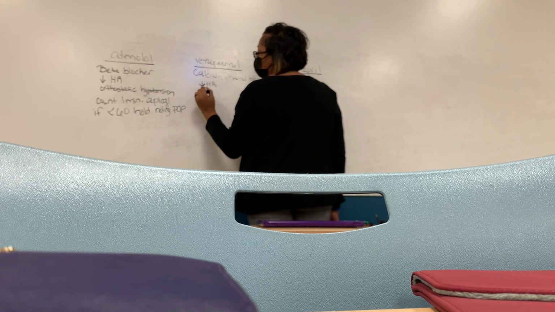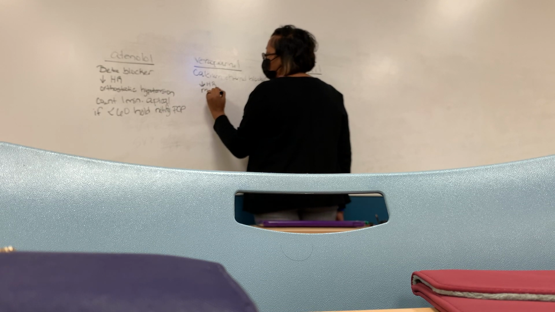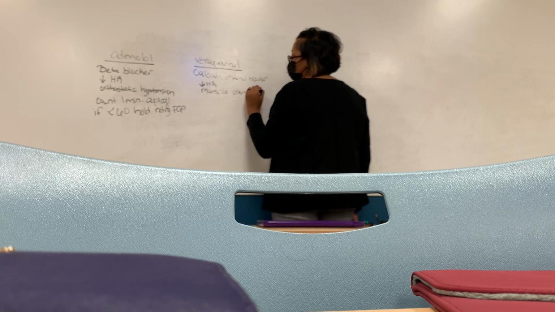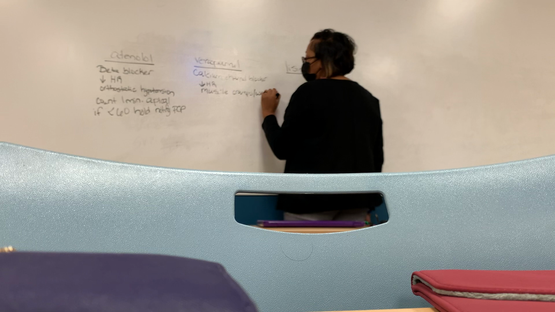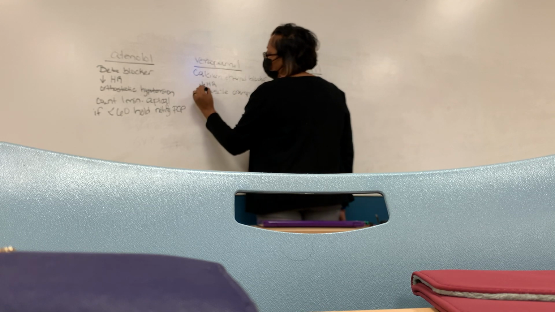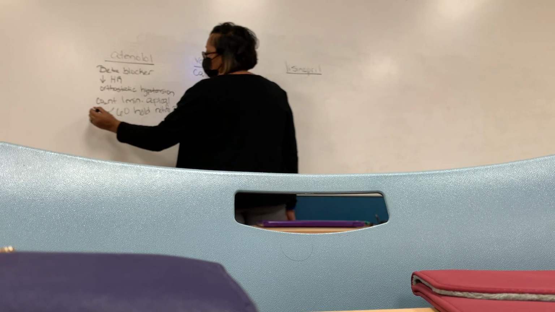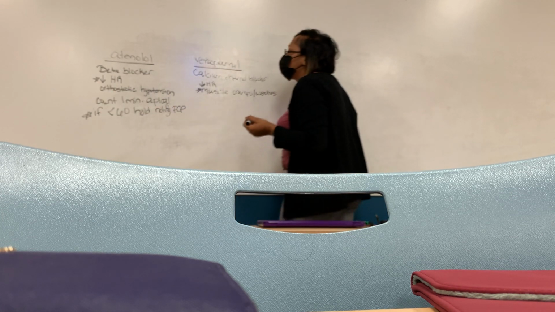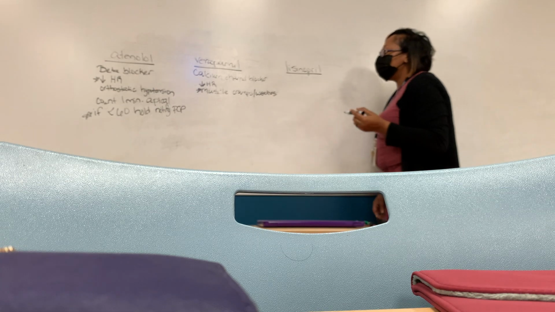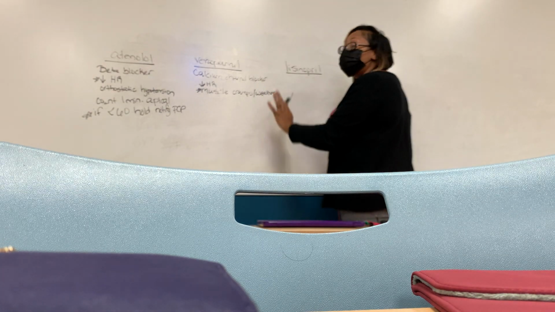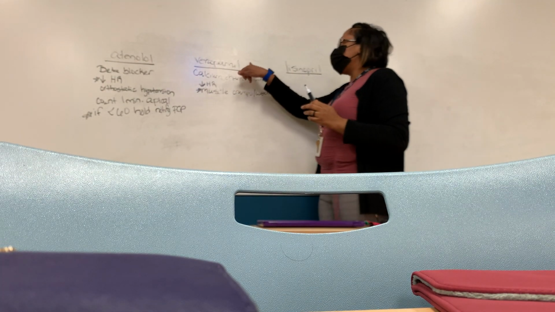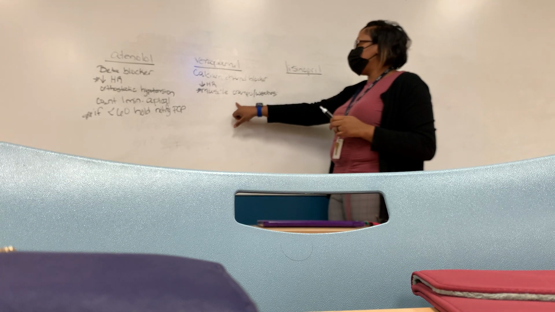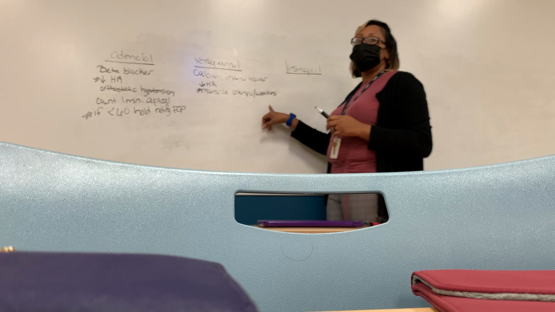Also muscle cramps and weakness. You don't even have to go that far. If they are getting calcium channel blockers and start complaining of muscle cramps and weakness, you're going to notify the physician.